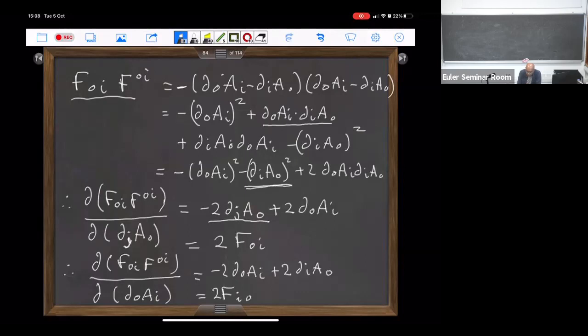But there's another contribution from here, which is 2 times D0 Aj, sorry, typo. And this expression, D0 Aj minus dj A0, is actually F0j.